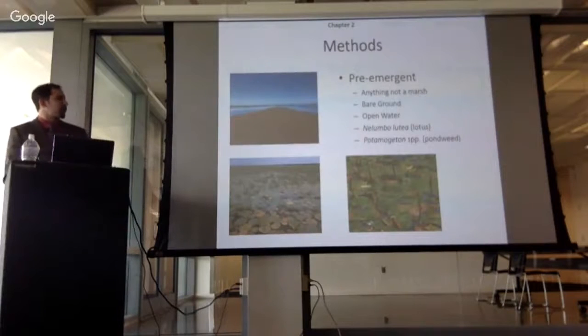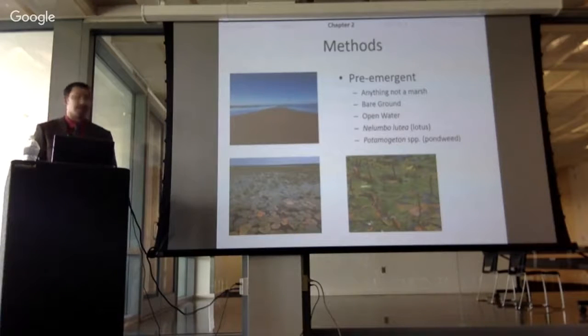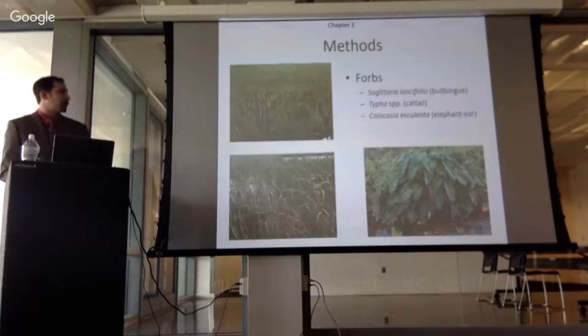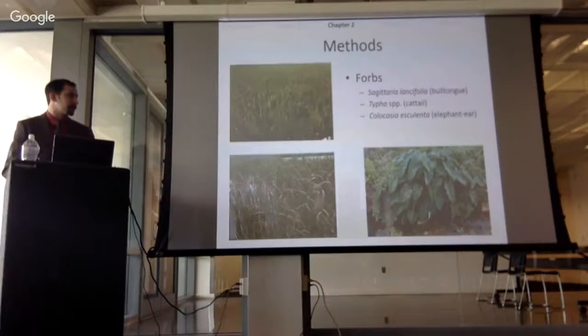Our stations fell into one of 5 categories based on vegetation. The first one being what I refer to as pre-emergent, which is anything not a marsh. That could be a mud flat, that could be open water, with or without aquatic vegetation. I had a forb community consisting of either Sagittaria, Typha, or Colocasia.